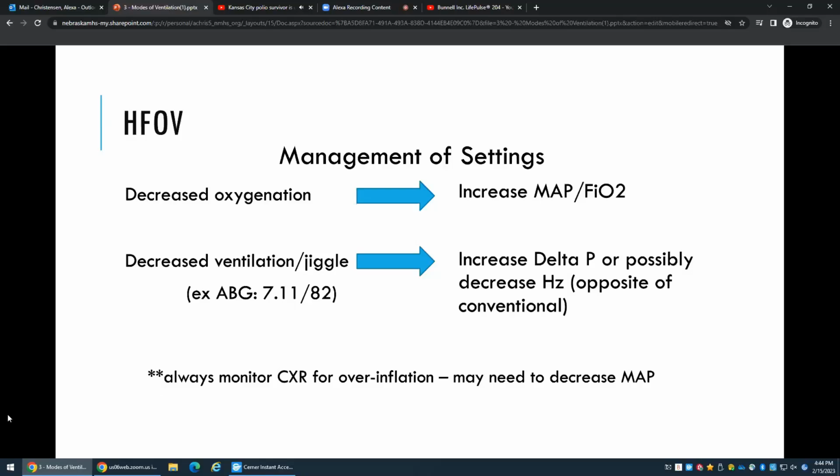At the bottom here, I have always monitor your chest x-ray for overinflation. You may need to decrease your MAP. One of the things they're going to pay very, very close attention to with these kiddos on the oscillator and on the jet when we get to that, is how expanded they look on x-ray in correlation to what they're set at. So we know that the MAP is going to affect oxygenation.